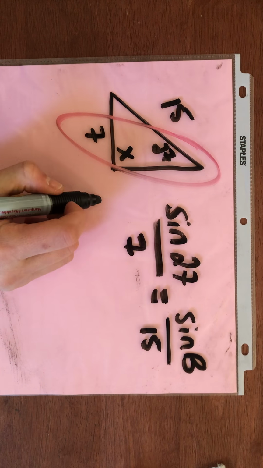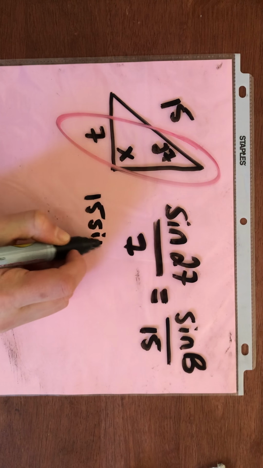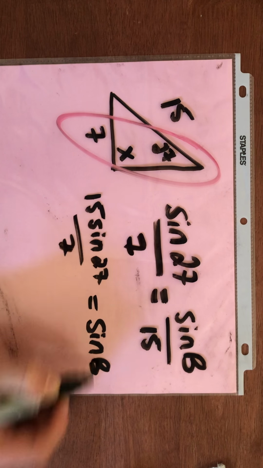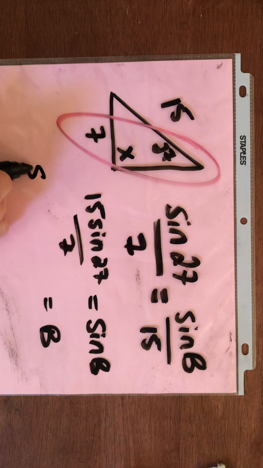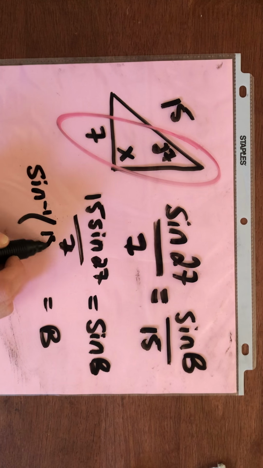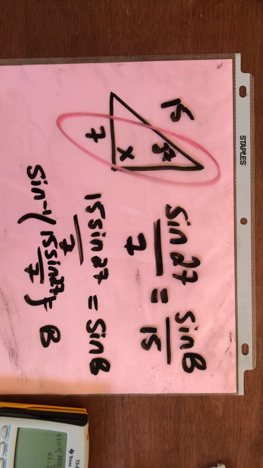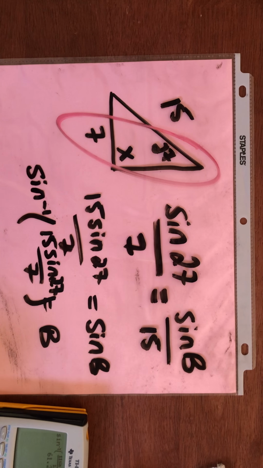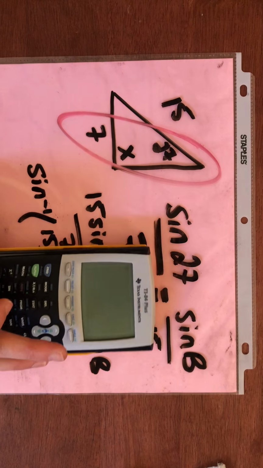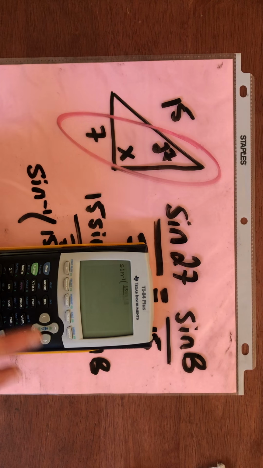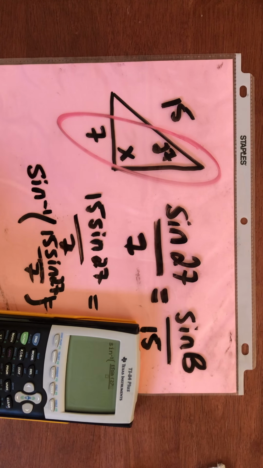So I'm going to multiply it by 15. I get 15 sine 27 over 7 equals sine of B. B just equals the sine inverse of all of this. So I'm going to type that into my calculator. Sine inverse 15 sine 27 over 7.